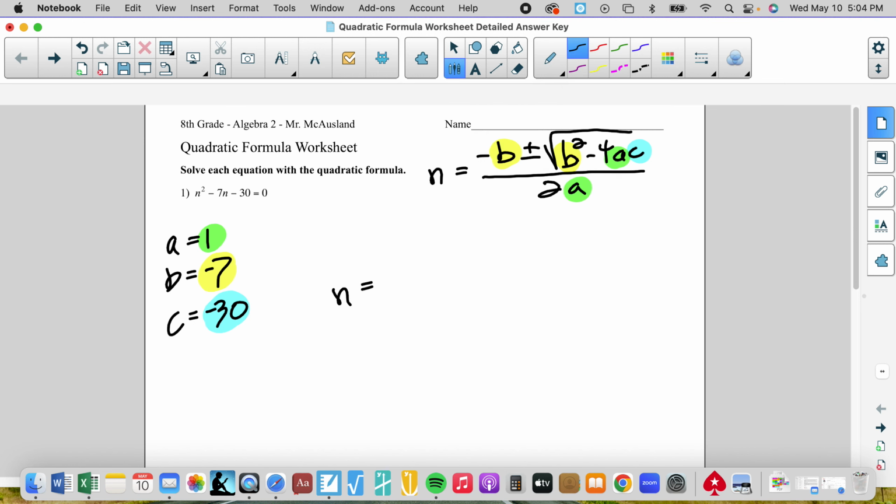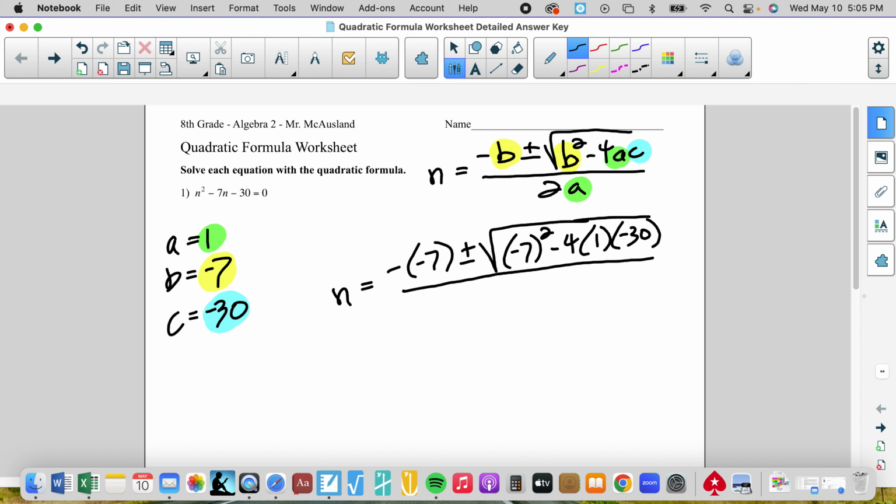So we get n equals the opposite of my b value plus or minus the square root of my b value squared minus 4 times a times c, all over 2 times my a value.